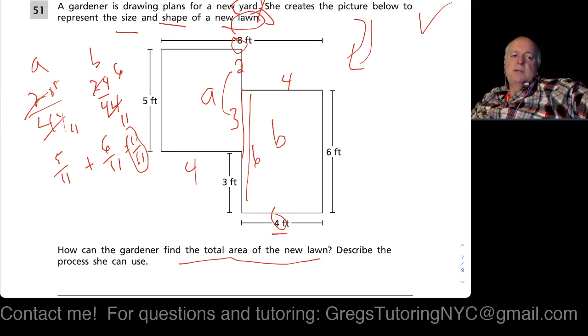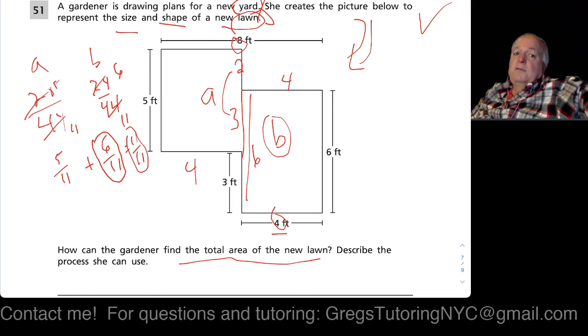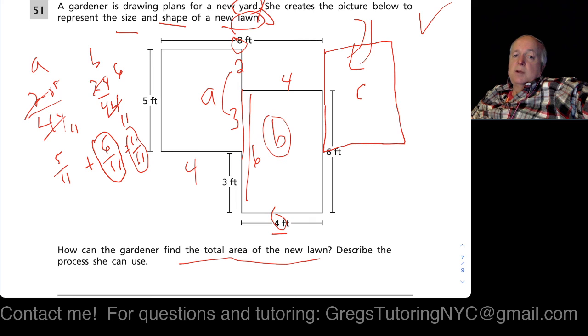Okay, and depending on how your question is asked, it might say what is the fractional representation of the area of subshape B within the yard. It will be 11/11ths. Okay, or if the person decided that they were going to add a new wing to the yard, which looked exactly like shape A, and you were asked how much more should they add if this was C, okay, then the person would have to add 20 more, or another 5/11ths more, which would end up giving us 16/11ths compared to the original shape.